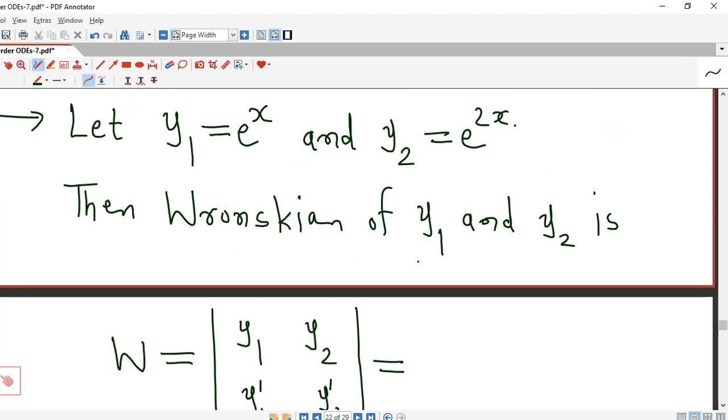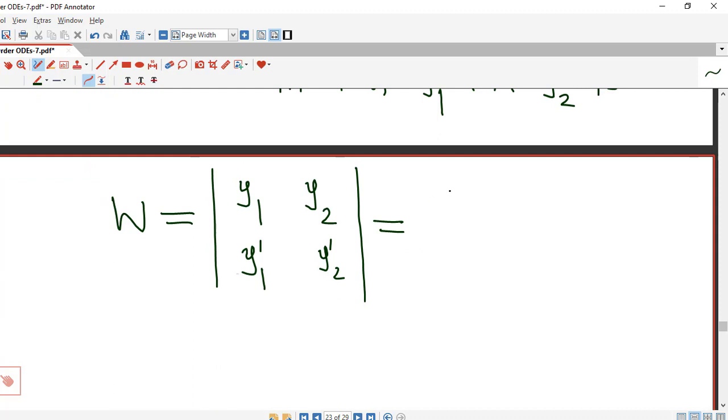Here y1 is e raised to x and y2 is e raised to 2x. So the first row is e raised to x, e raised to 2x, and the second row is the derivative of e raised to x, and the derivative of e raised to 2x, which is 2 times e raised to 2x.